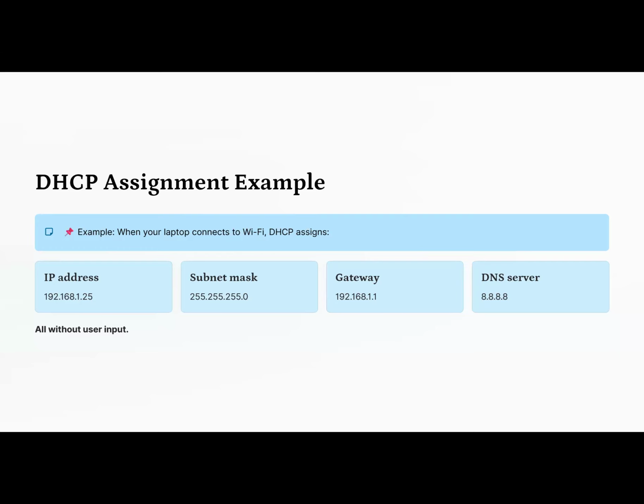So if the IP is 192.168.1.4, what is the broadcast IP and what is the network IP? But these are very key things.